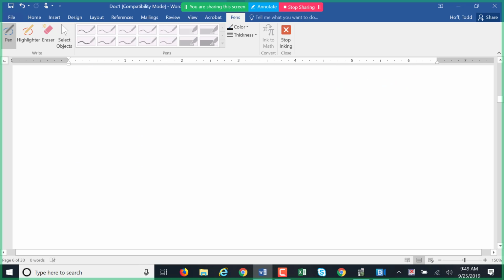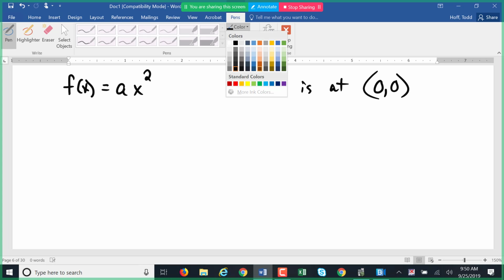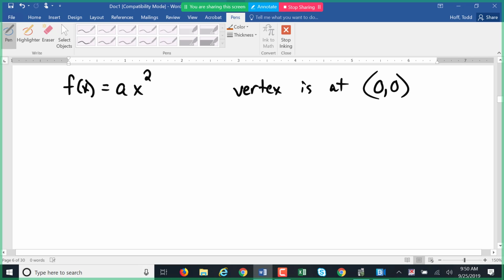So if I go to expand on the standard form of a parabola or a quadratic equation, I start out with f of x equals ax squared. But this means that the vertex is at 0, 0. It's at the origin of the graph. But from there, we can move the vertex.